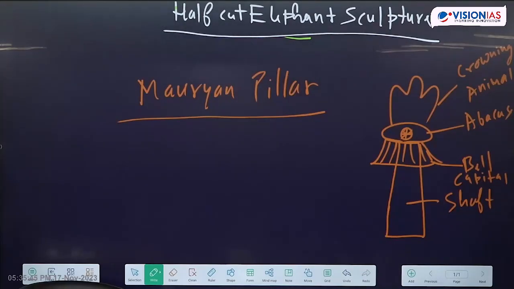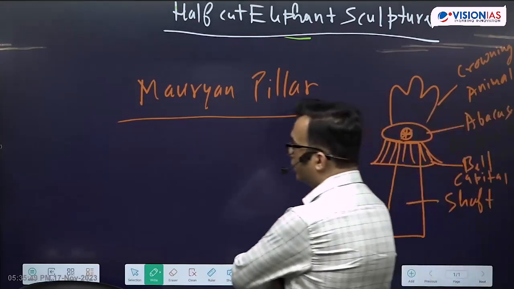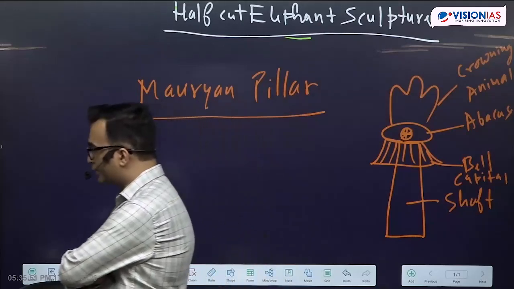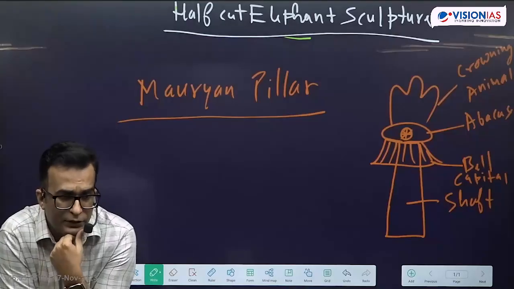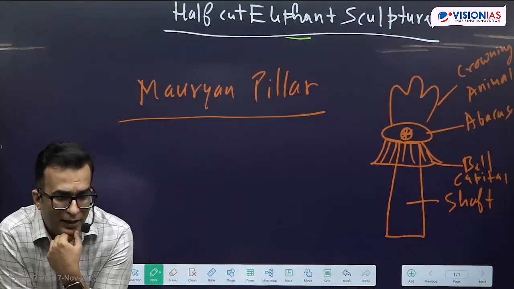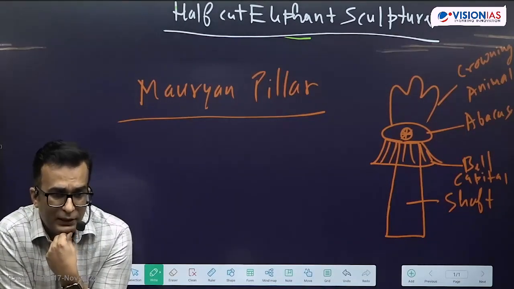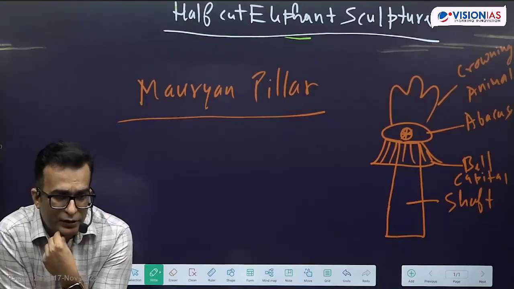They were monolithic in nature, and the average height was around 40 feet.